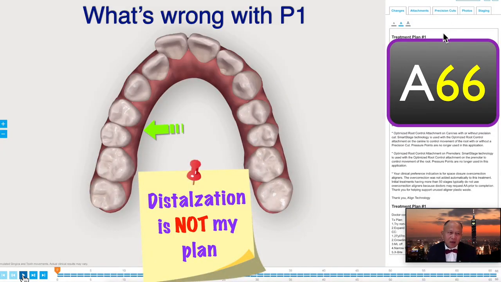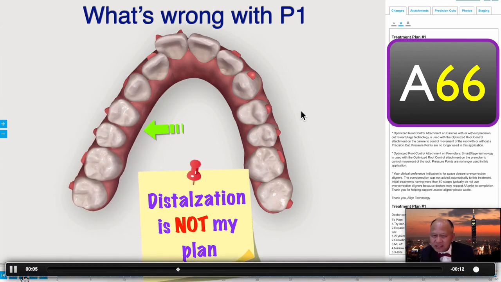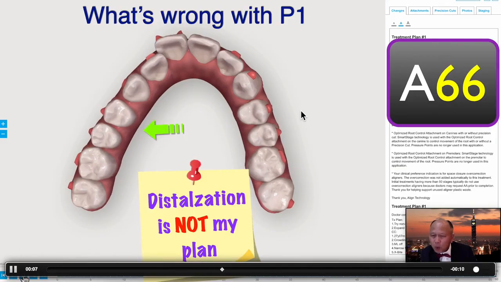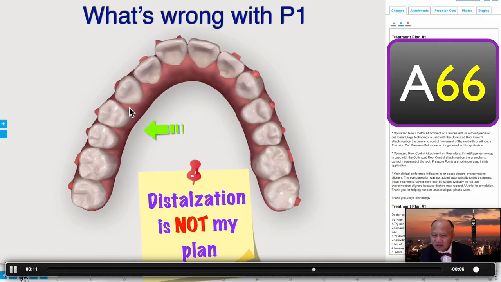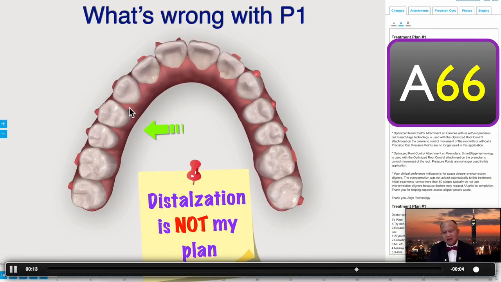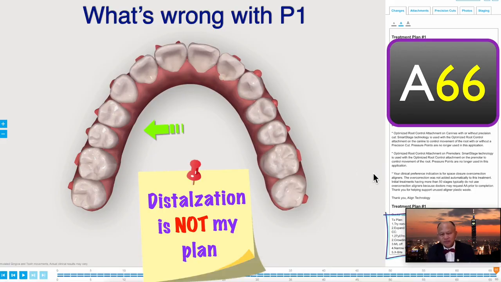Remember, my treatment plan is to expand the arch. Distalization is not my plan. Remember that? I didn't say I want to distalize. Why in plan 1, suddenly do I have distalization in quadrant 1, and then expand? That was not my plan. So what can you do?